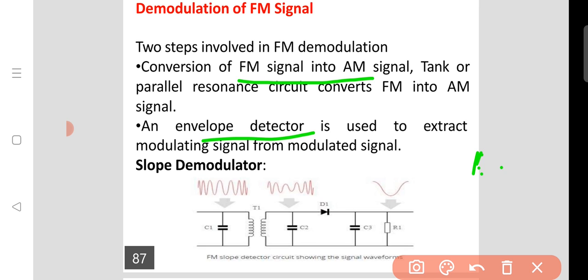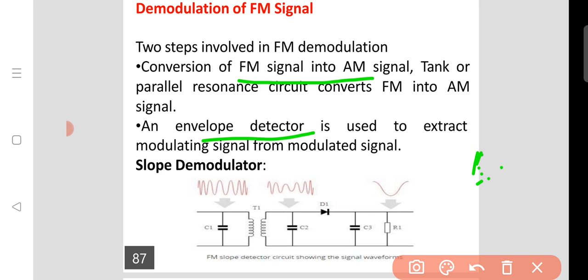These RLC tuned circuits produce the frequencies or the change in voltages accordingly, with change in reactance, capacitance, inductance, etc.